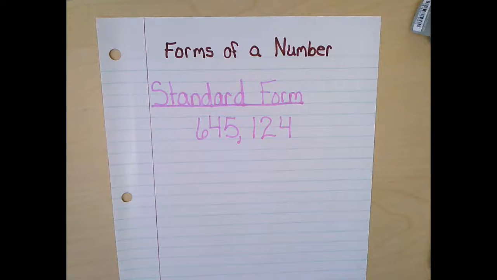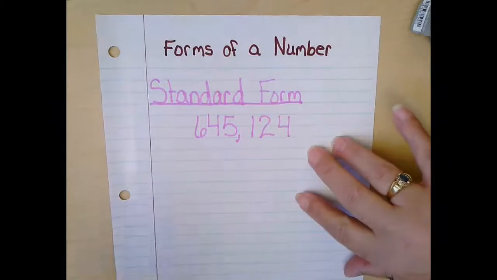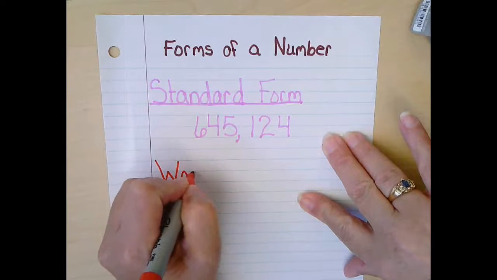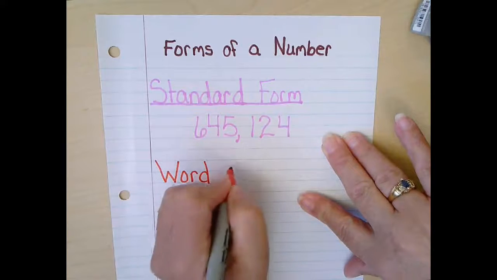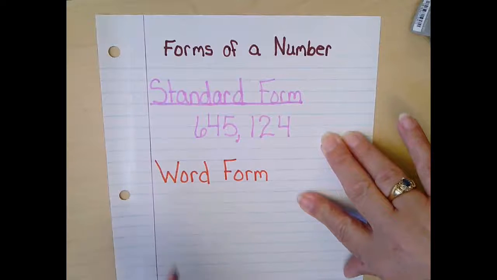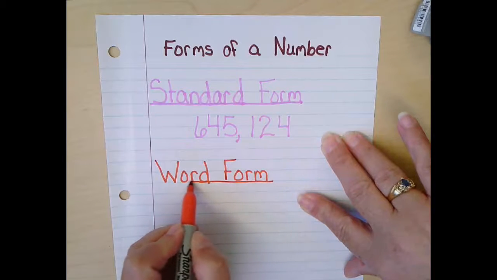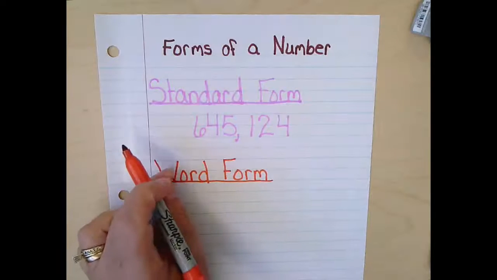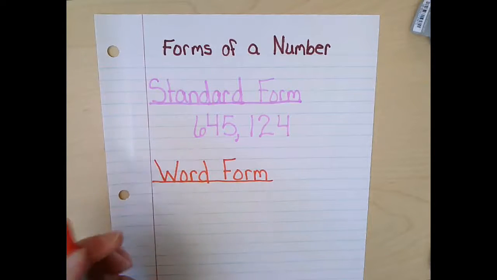But we can take that number and we can also write it in word form, or written form. Either way, word form, written form, it means the same thing. So if you're writing in word form, then what are you going to use?